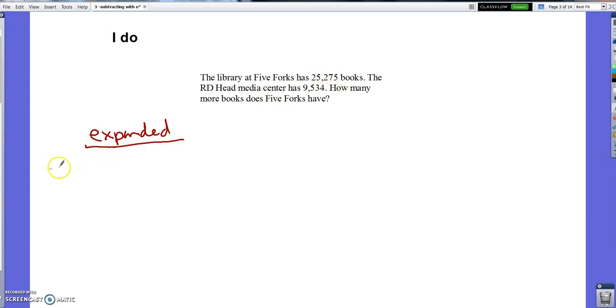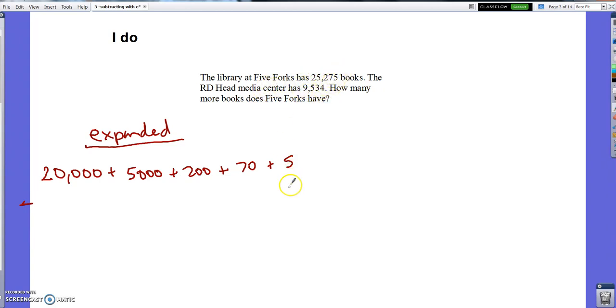So let's take our Five Forks books and write them in expanded form. 20,000 plus 5,000 plus 200 plus 70 plus 5. And when I'm subtracting, I've got to make sure that I line up each place with the same place.